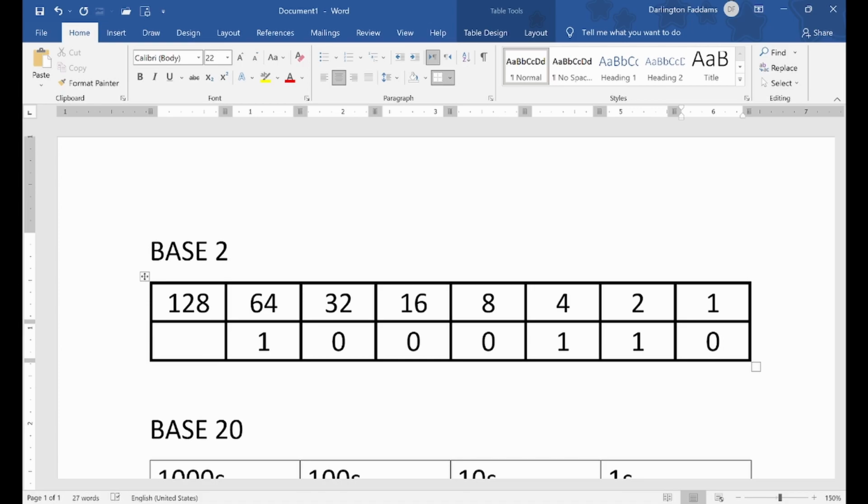So this is 70. That means 64 plus 4 will be what? 68 plus 2, 70. That means no matter what, you are right. So it's 1000110.